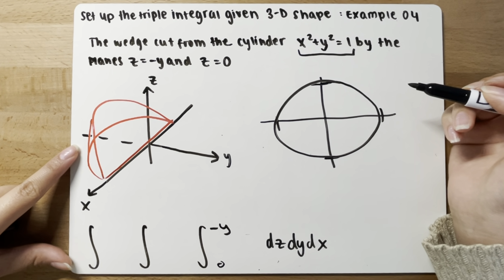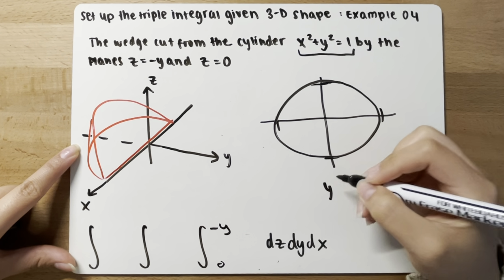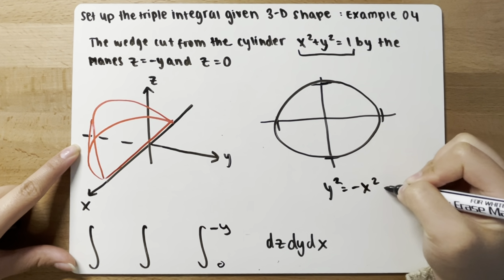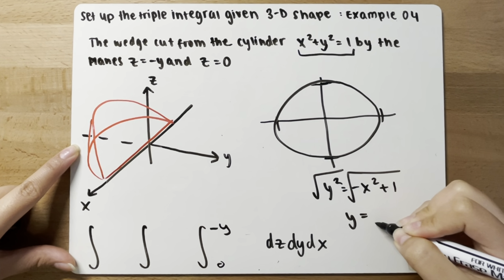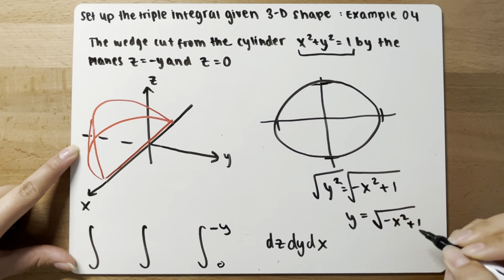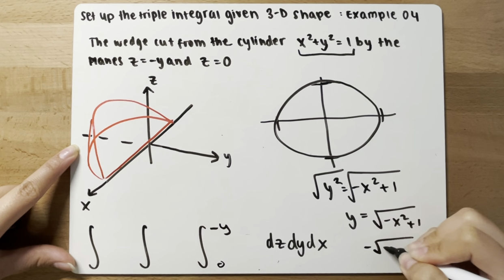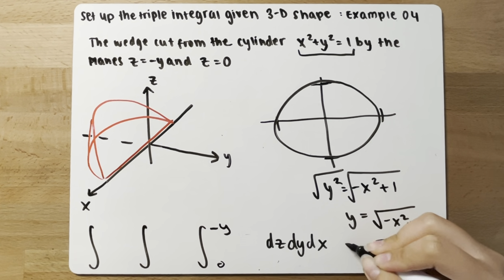So you want to find dy, therefore you want to solve for y. So y squared equals negative x squared plus 1. Take the square root of that. y equals the square root of negative x squared plus 1. However, we can't have a negative inside a square root, so we have to take the negative out. So you have x squared minus 1, because if you distribute, it will be the same thing.